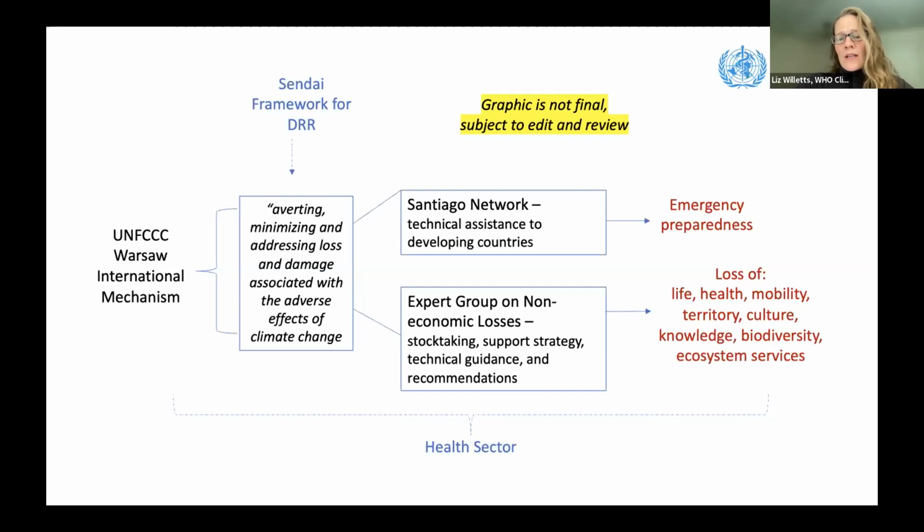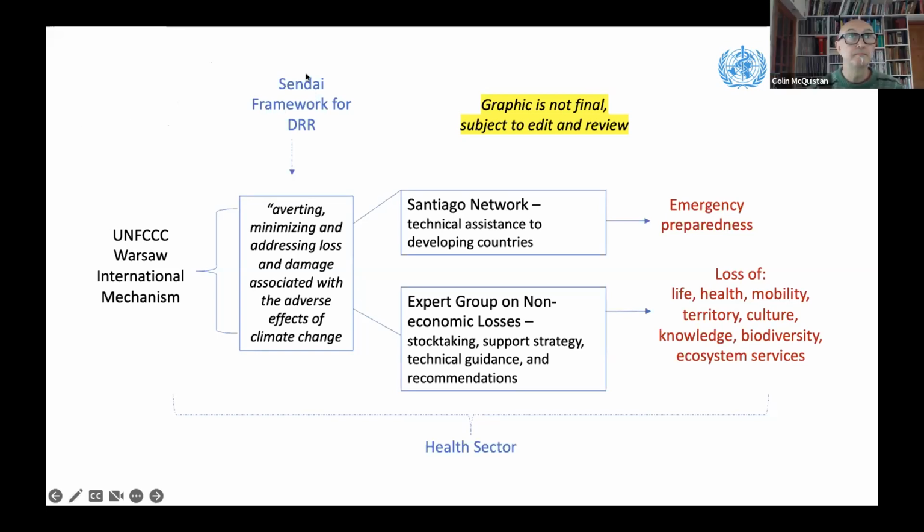At the moment, the agenda is looking at support strategies, technical guidance, recommendations on this element of non-economic losses under which health fits. And over to the right, we just tried to portray the scope of health non-economic losses that we're dealing with.